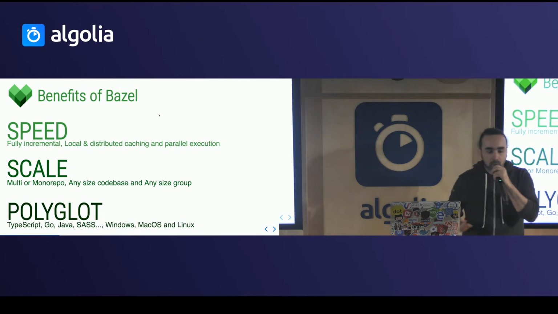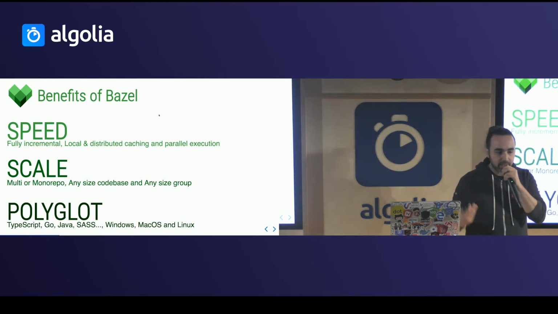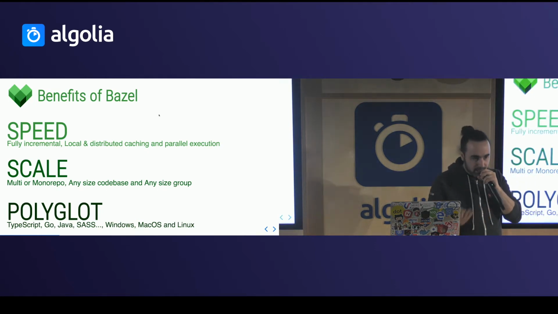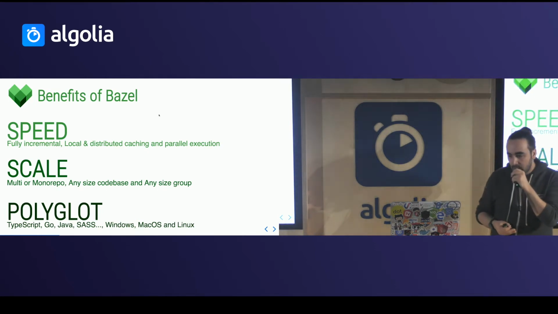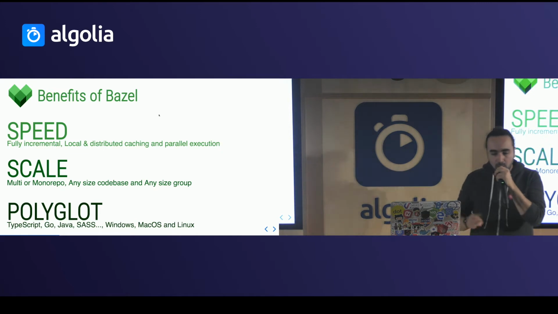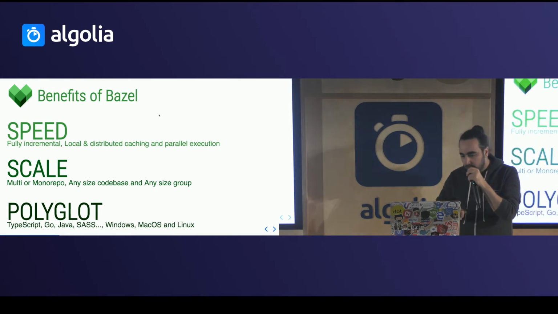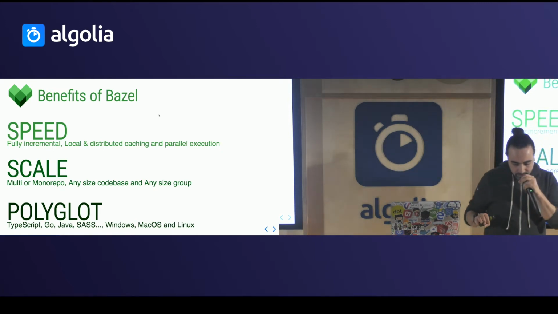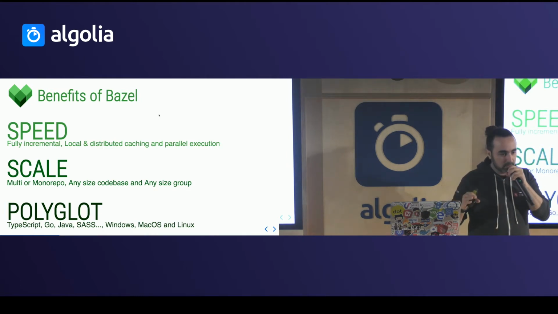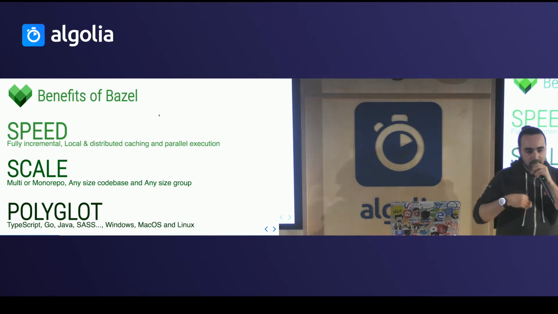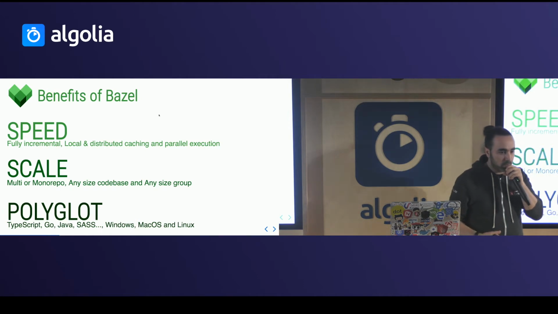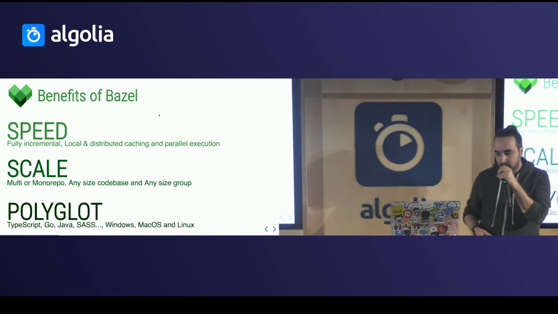You can also leverage it with distributed caching, and you could, for instance, have build times of just seconds. You can also scale it: whether you have small teams, giant corporations, a multi-repo, or one small repo, it scales really, really well.